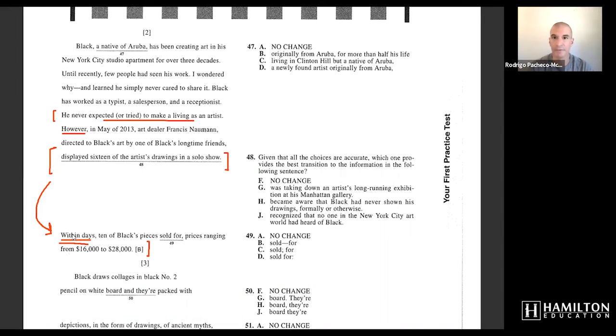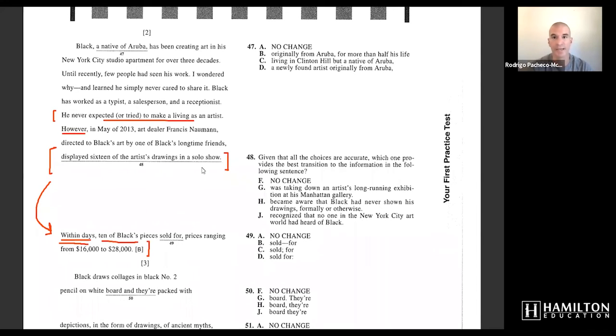This sentence is going to follow a sentence that directly connects to this phrase. So within days of what? We're looking for some kind of event that would relate to what this sentence is telling us: that 10 of Black's pieces sold for prices ranging from $16,000 to $28,000.